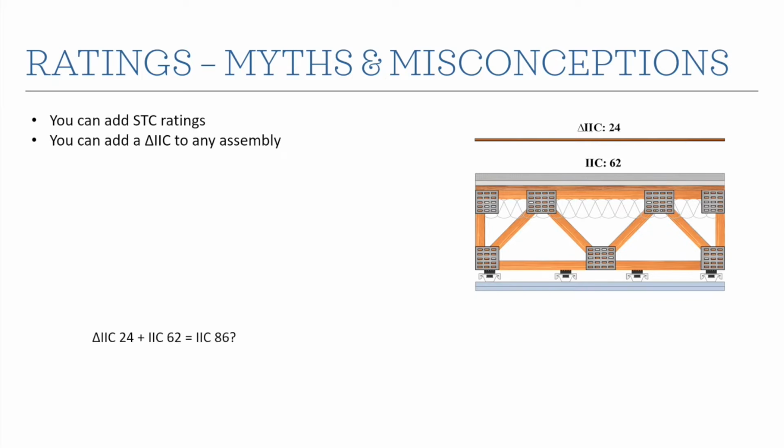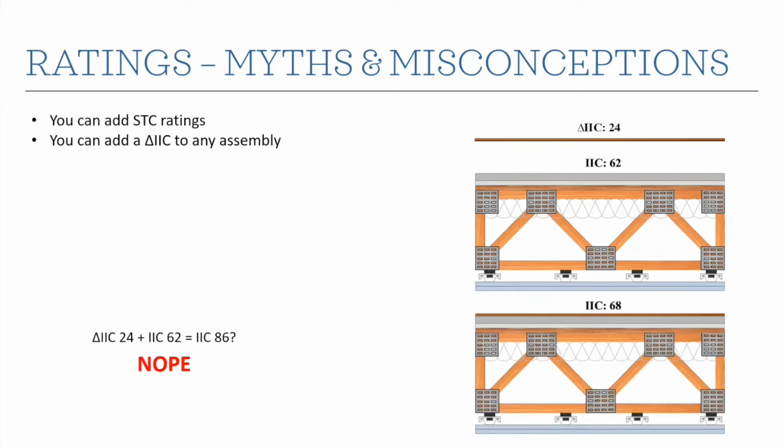Can we add them and get an 86? That would be fantastic. That's a really high, awesome IIC rating. But unfortunately, you get a 68 when you actually go measure this assembly. Now, 68 is still a really high IIC rating, but it's nowhere close to 86. So again, you can't just take this delta and apply it to any assembly. And the reason is it's tested on a concrete slab. A concrete slab behaves very differently acoustically from a lightweight wood structure like an open web truss.